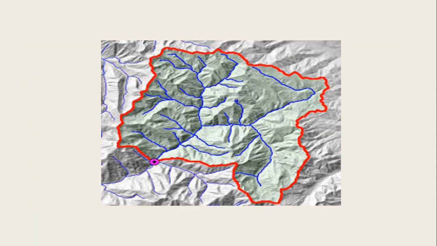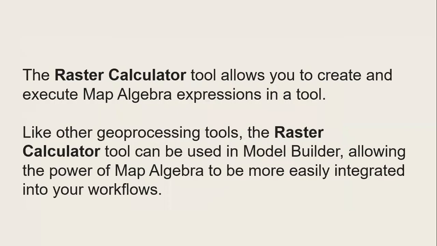in a DEM. And in the next class we will discuss certain toolsets, something like flow direction, likewise. And it is also one more pictorial representation of watershed. And the next concept is the raster calculator tool, which allows you to create and execute map algebra expressions in a tool.